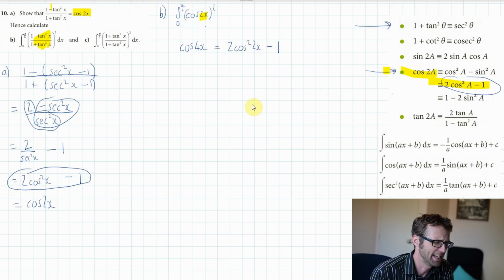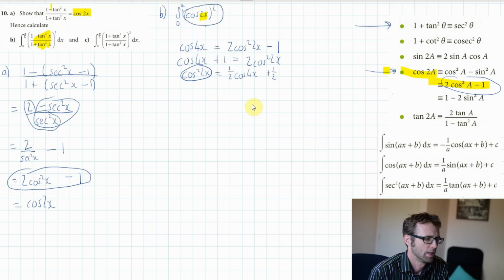If that's the case, then cosine 4x plus 1 is equal to 2 cosine squared 2x, and therefore cosine squared 2x is equal to 1/2 cosine 4x plus 1/2. Now this here is what we have here, so now I've got it in an integratable form.